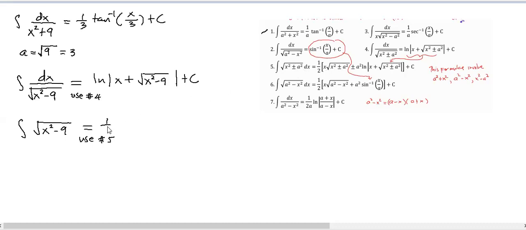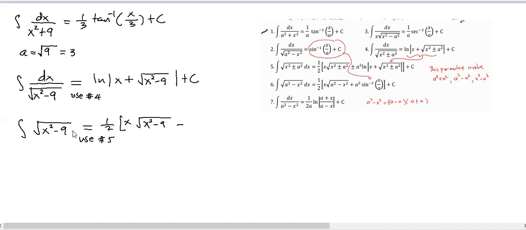It is 1/2 times x, and then kung ano yung radical, yun yung ilalagay natin dito. So we have square root of x squared minus 9. Kung ano yung operation dun sa radical, yun yung operation dito. So, since minus ito, this would be minus, and then a squared.